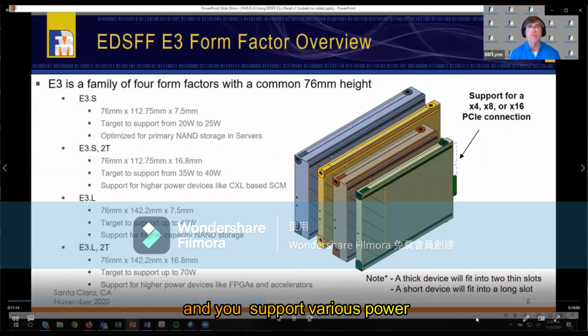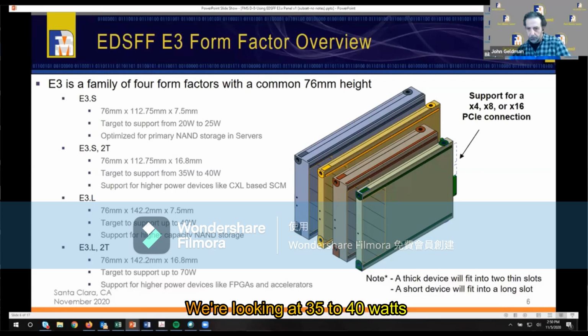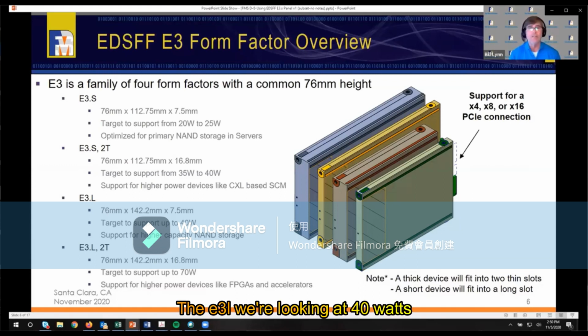And you can support various power profiles. The E3 short, or E3.S, is in the 20 to 25 watt range. The E3.S double thickness, we're looking at 35 to 40 watts in there. The E3.L, we're looking at 40 watts.